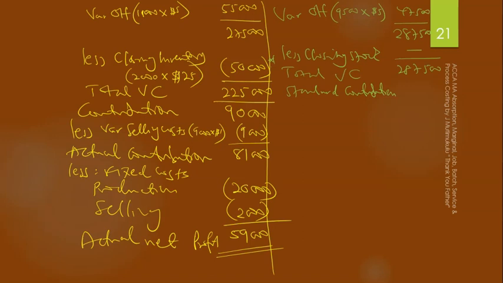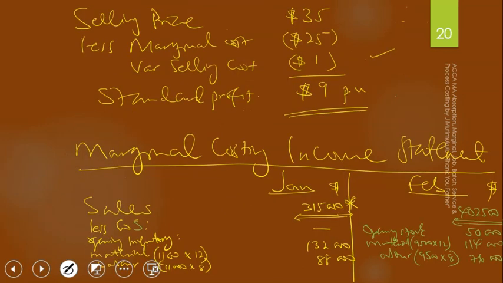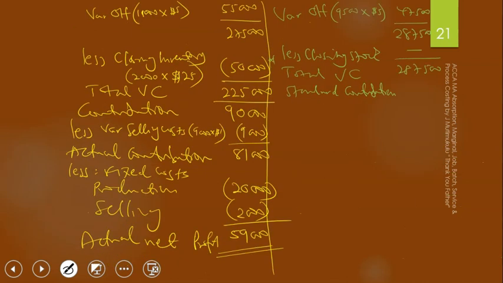The standard contribution is determined from total sales minus variable costs, and our total sales for February was 402,500 minus 287,500, and it was 115,000. But then, what about the variable selling cost?